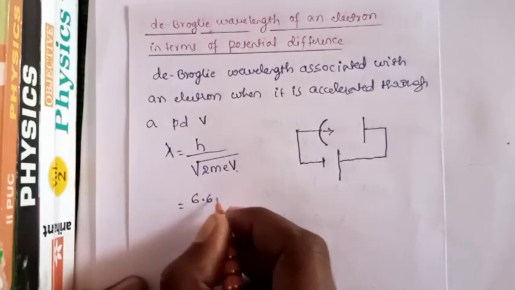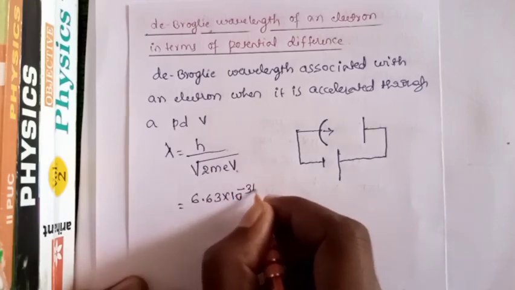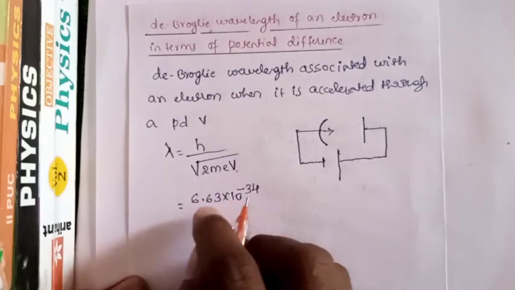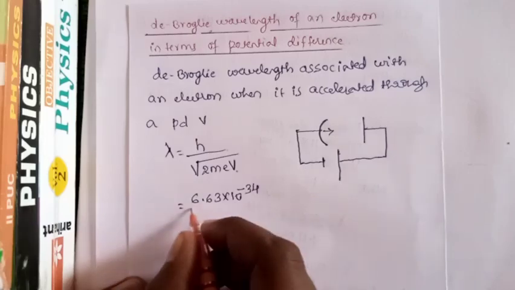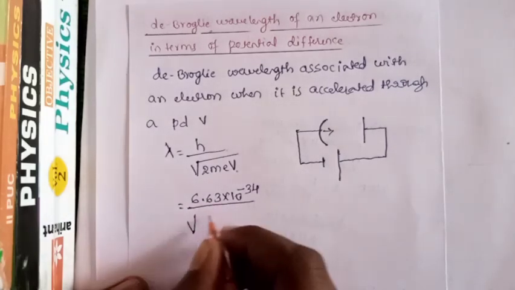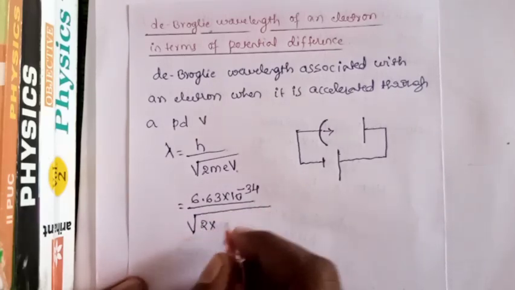h value is 6.63 into 10 to the power of minus 34. Sometimes we are going to take 6.625. Okay, 6.63 into 10 to the power of minus 34 joule second divided by square root of 2 into mass of the electron.